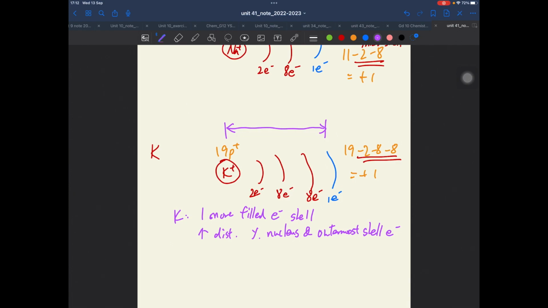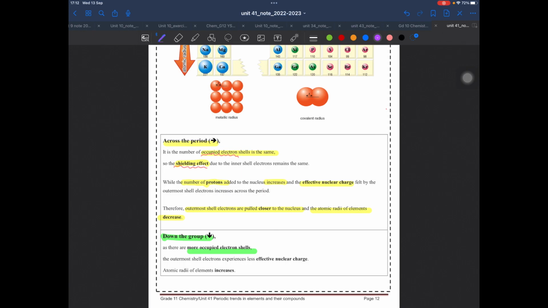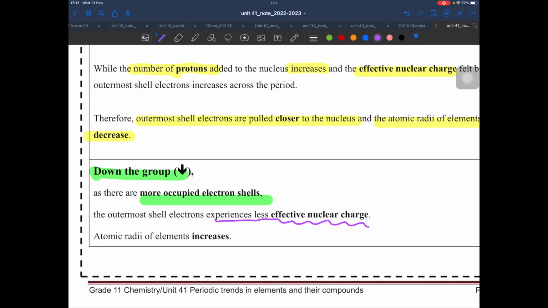That's why the size of potassium is greater than that of sodium. Okay, let's go back to our notes. Sometimes we will say they experience less effective nuclear charge, because for this purpose the statement has considered the distance already. And that's why the atomic radius increases.